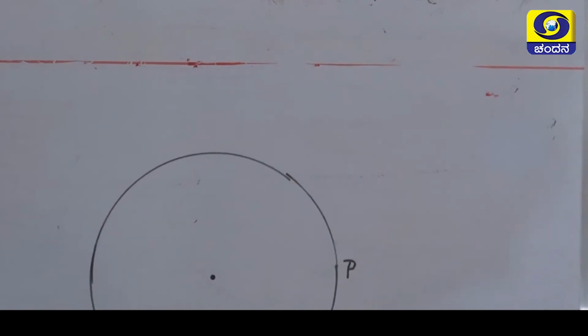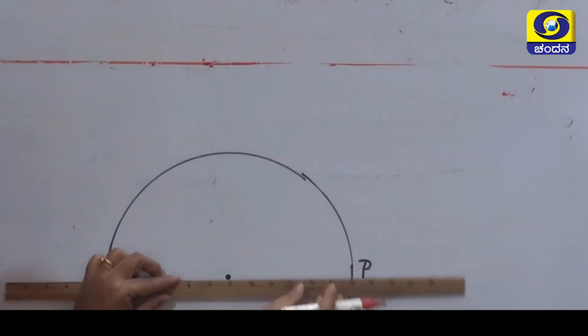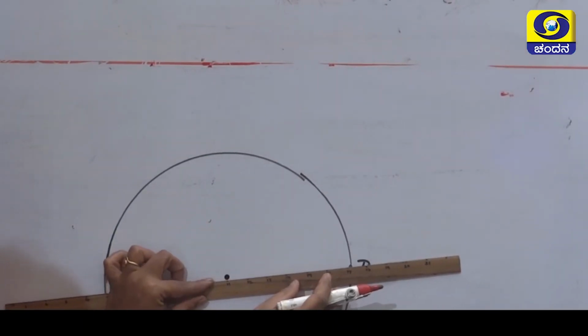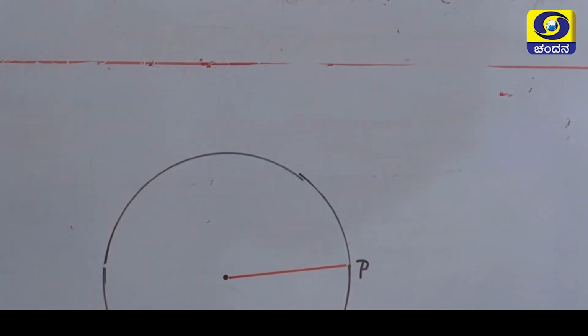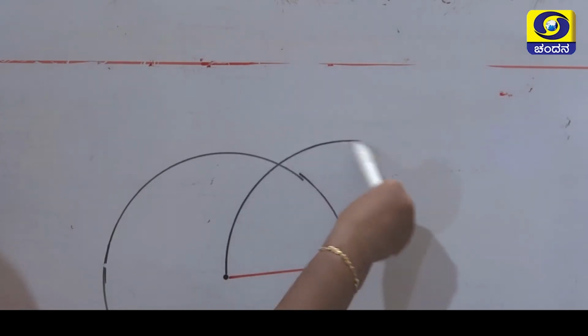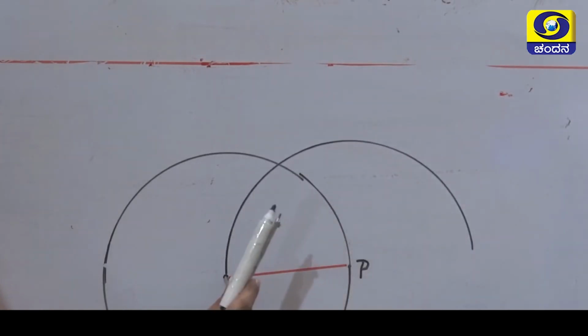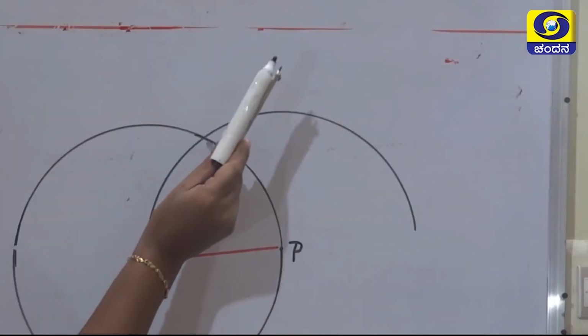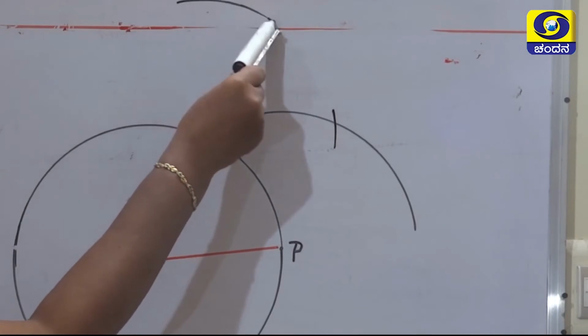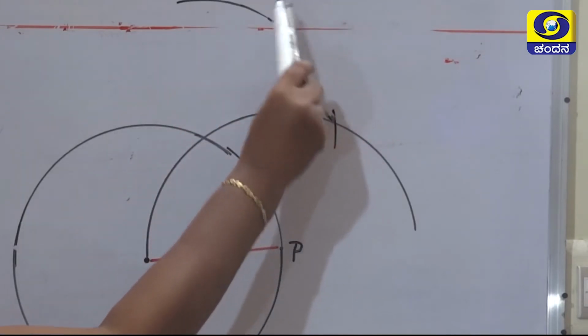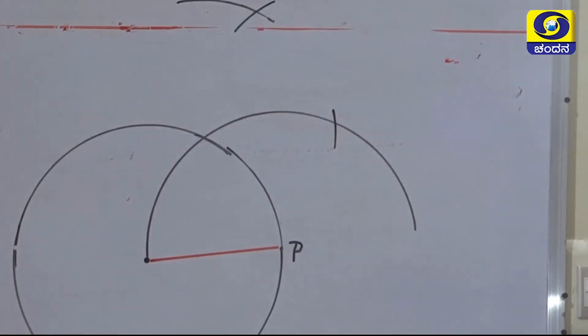For this, let us join the center to this point P. Take the compass, make a semicircle keeping the needle at point P. This is our semicircle. Now make two more arcs like this. Now using these two arcs, make two more arcs. Let these two arcs intersect at a point.